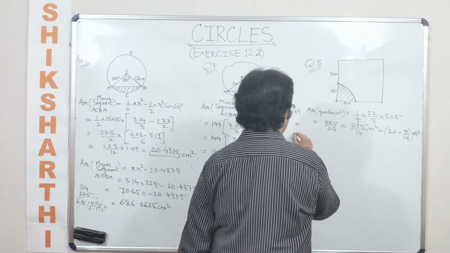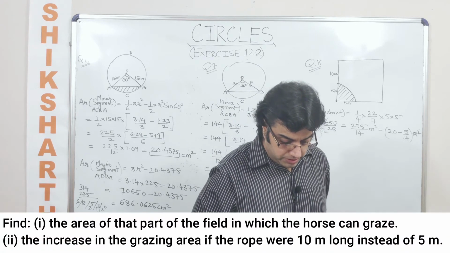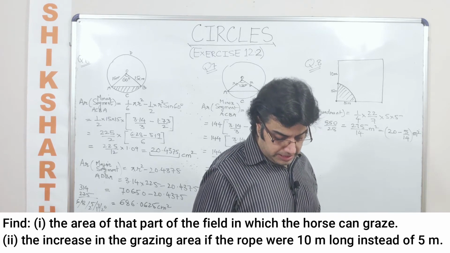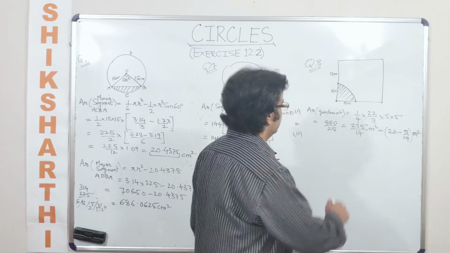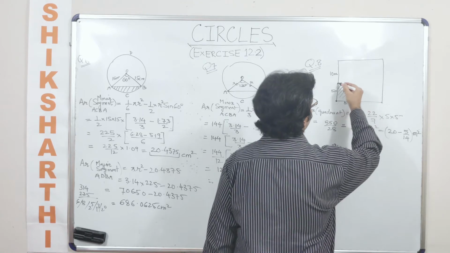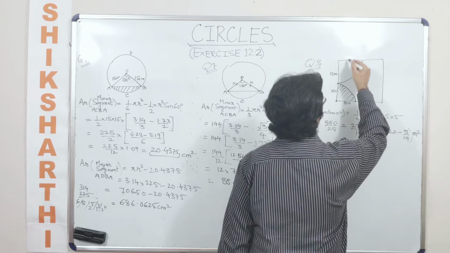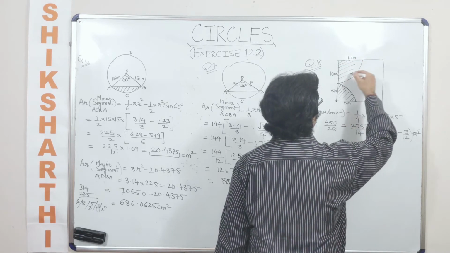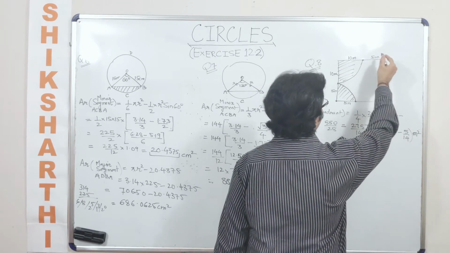Talking about the second part of the question, it says, find the increase in the grazing area if the rope were 10 meter long instead of 5 meter. So if the rope was 10 meter long, let me put it like this. If it was something like this, wherein this is 10 meters and 10 meters, and in that case I am supposed to calculate this area, wherein the balance becomes 5 meters.